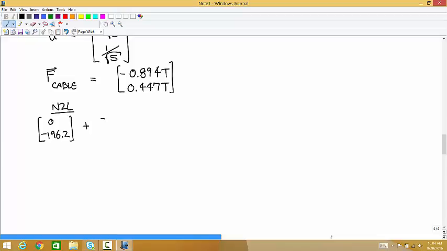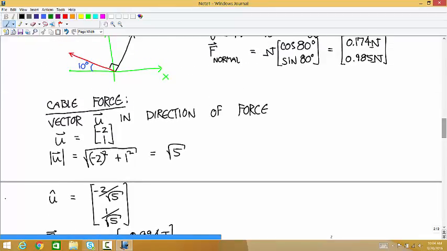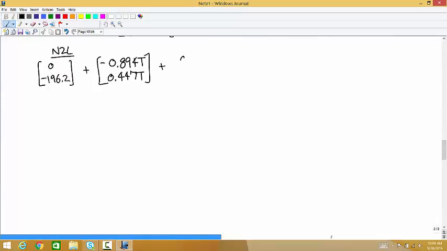The cable force is negative 0.894 T, positive 0.447 T. The normal force is 0.174 N, 0.985 N. And those have to add up to 0 because it's an equilibrium.